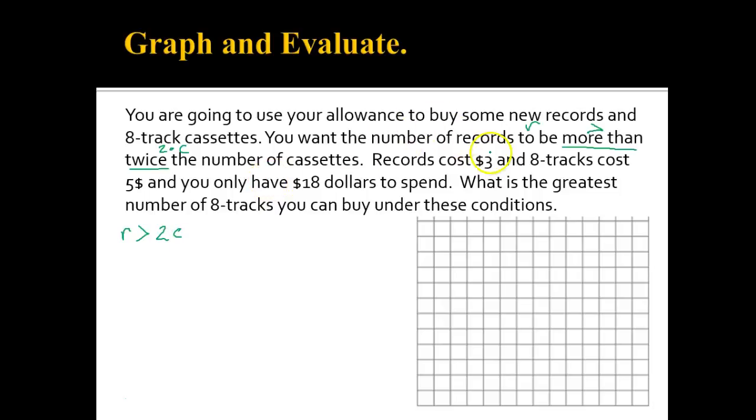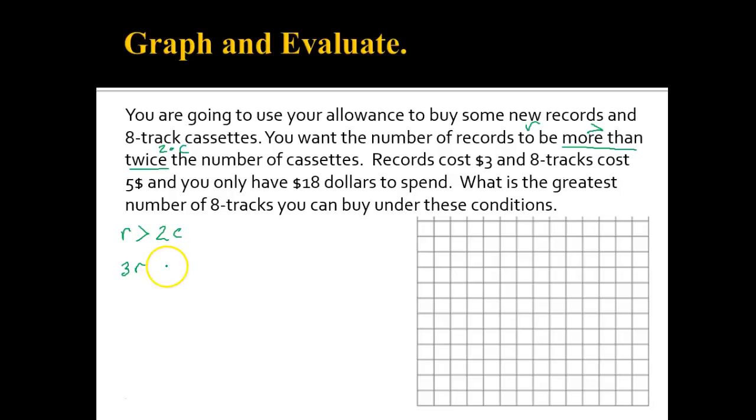Records cost $3 and 8 tracks cost $5. And you only have $18 to spend. So now that's going to be a tough equation to write, but let's think about this carefully. If records cost $3, then the amount of money you spend on records is 3 times R, because $3 per record. So if you buy 1 record, it's $3. 2 records is 2 times 3 is $6, and so on.